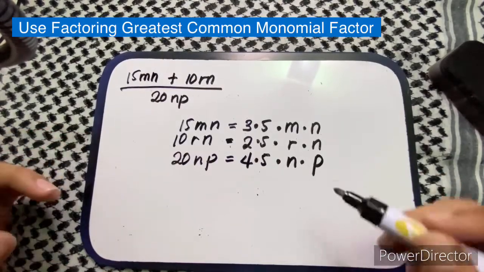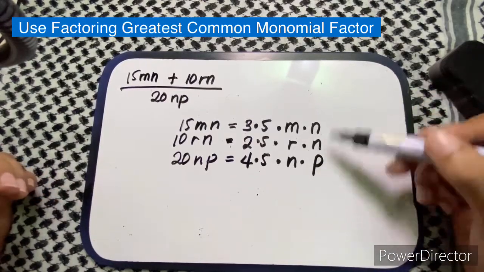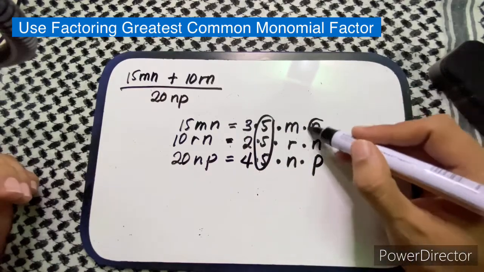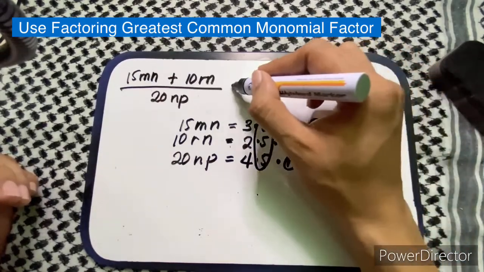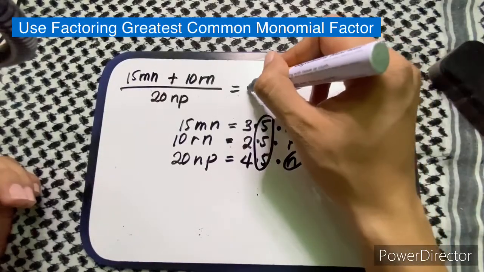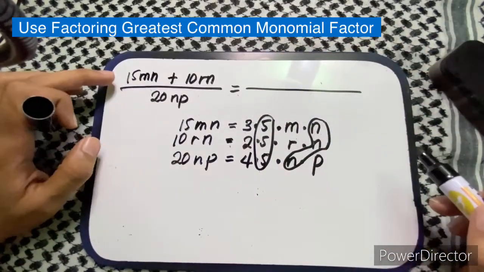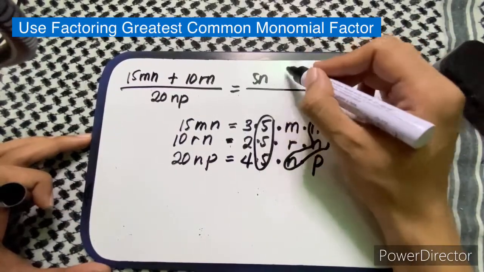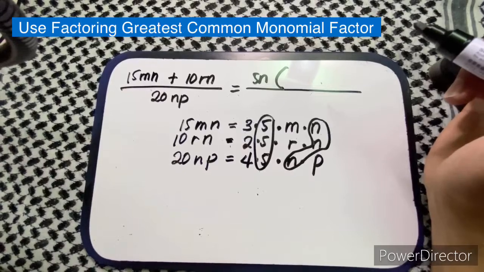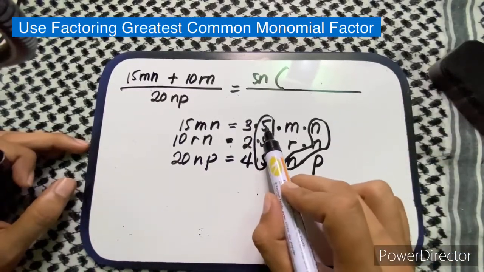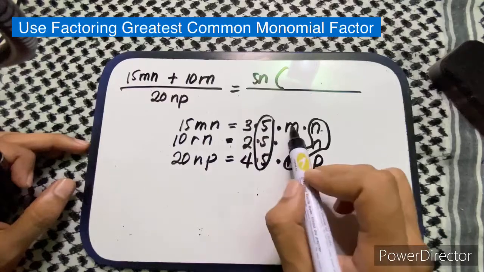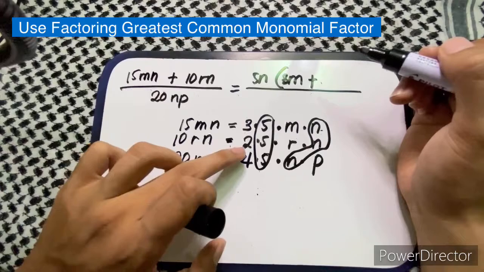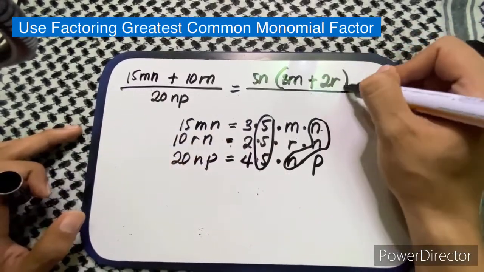What is the common factor? Here we have 5 and n. Next is rewrite. From 15mn plus 10rn, we can say that 5n times the quantity of, so we factor out the 5n. The remaining is 3m, then plus 2r.